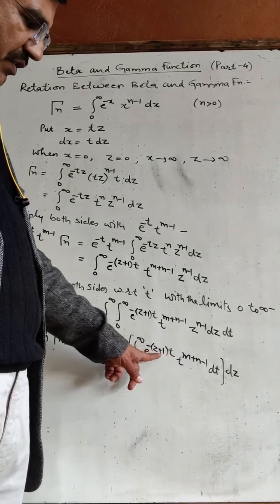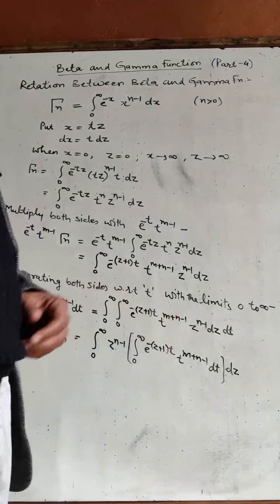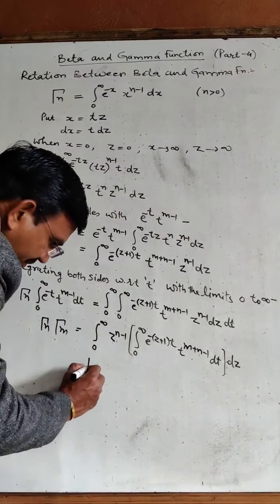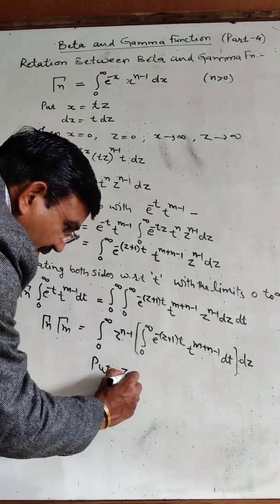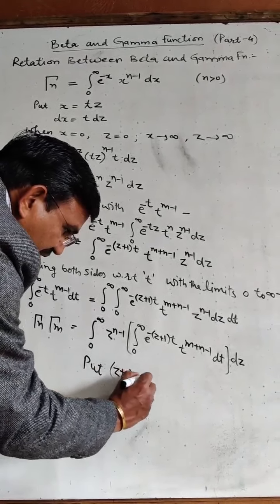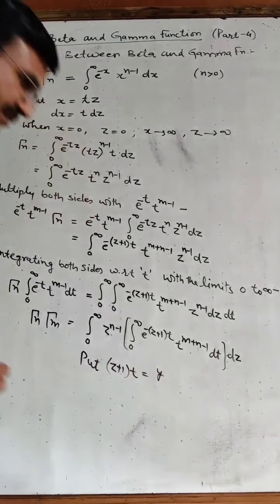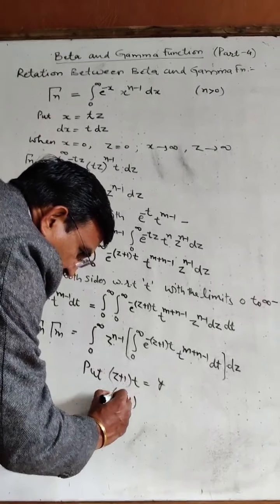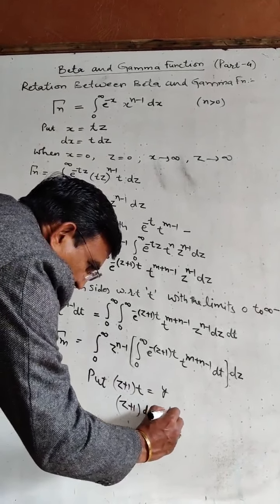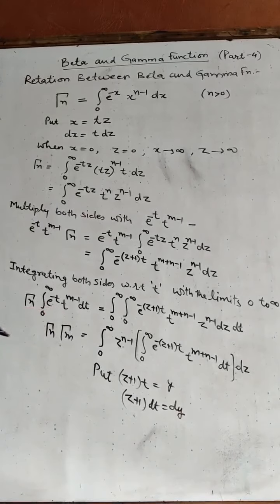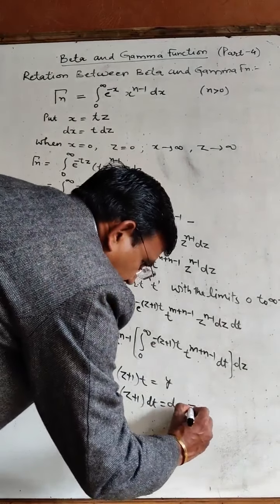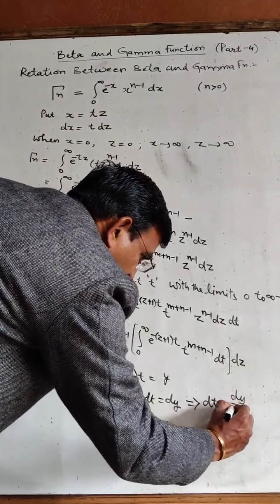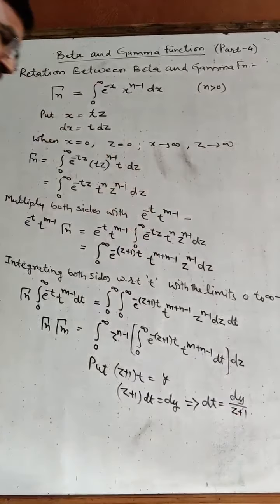So to remove this constant from here, we will put z plus 1 into t is equal to, suppose, y, then z plus 1 into dt would be equal to d of y, and from here we can write d of t is dy over z plus 1.